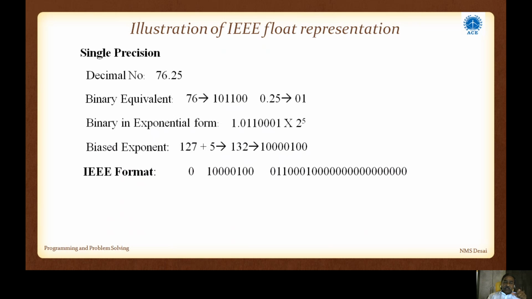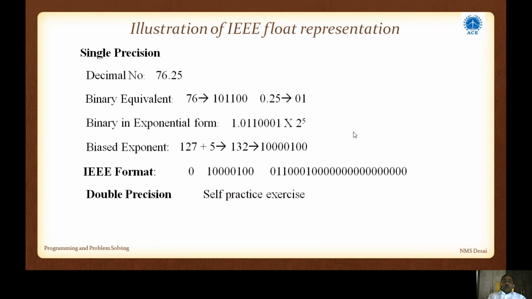If it is double precision, it is 1023. Next, IEEE format: sign bit, exponent bits, and represent all the fractional part after the binary point. And then supply as many zeros so that the exact number of digits is 23 in the mantissa part. This is how IEEE representation is done. Double precision, that's a self-practice exercise for you.